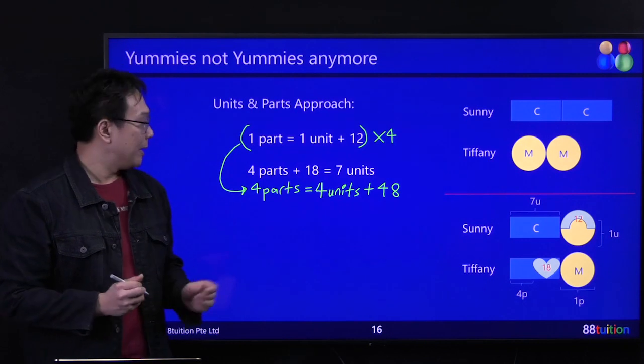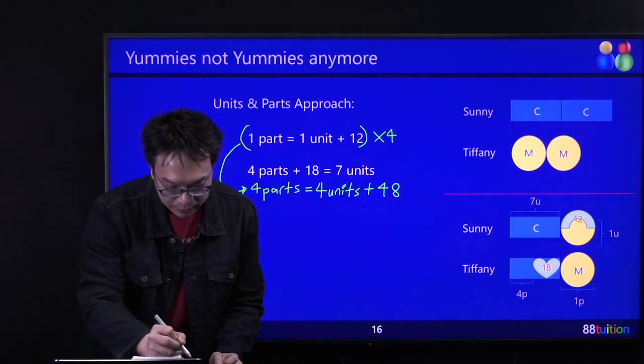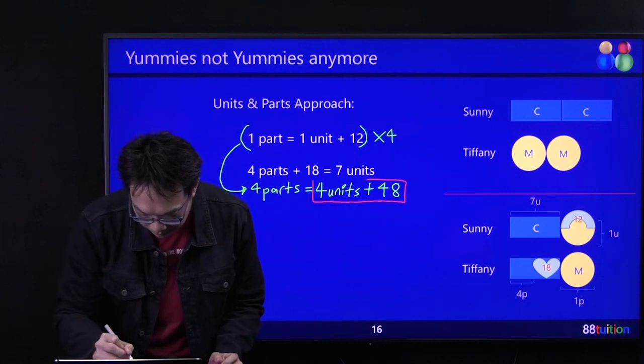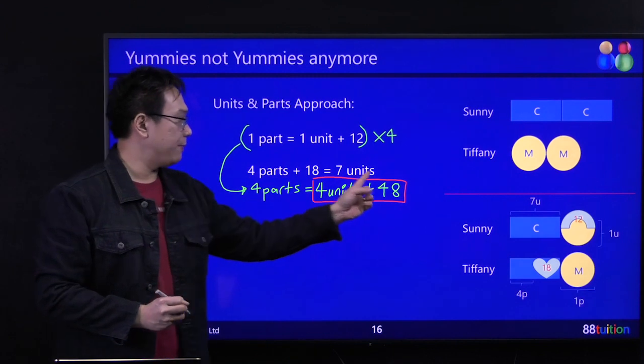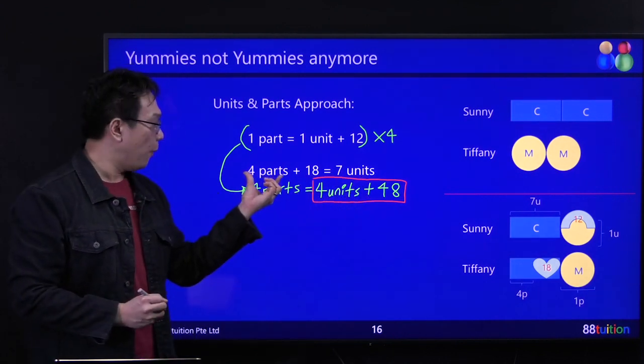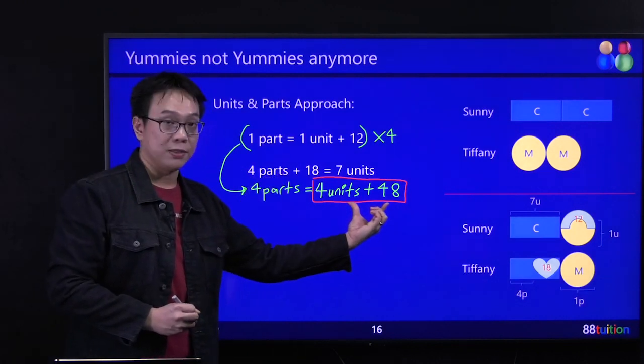Is that okay? Now, 4 parts represent 4 units plus 48. This particular statement says that 4 parts plus 18 is equal to 7 units. So can I represent these 4 parts as 4 units plus 48?